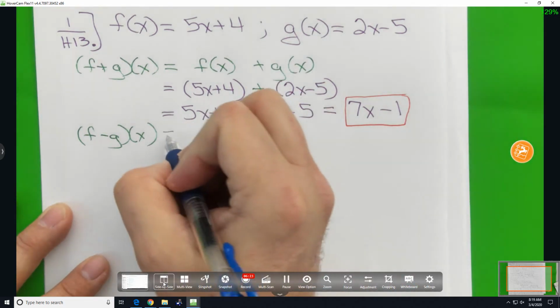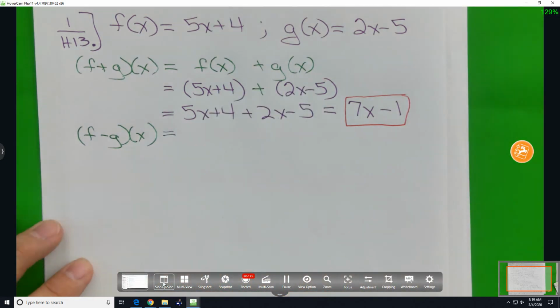A test rarely has a question with this many steps or parts, so I think f minus g is frequently wrong on tests. People miss it because what do they not do with that minus?